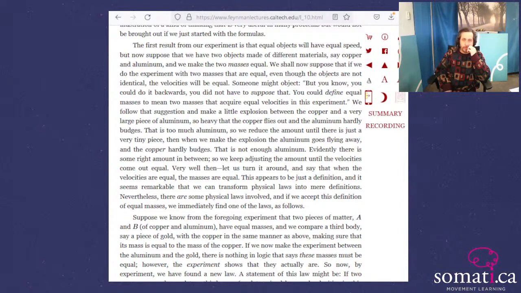So now let's pick different densities for the object, but keep the masses the same. Okay, so you kept doing the experiment with things at different densities.